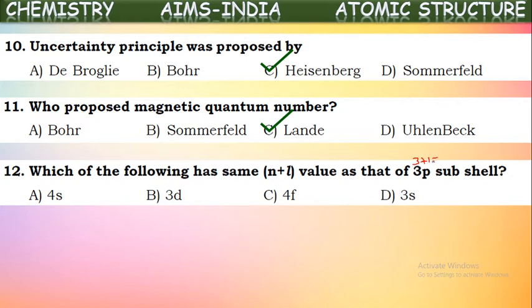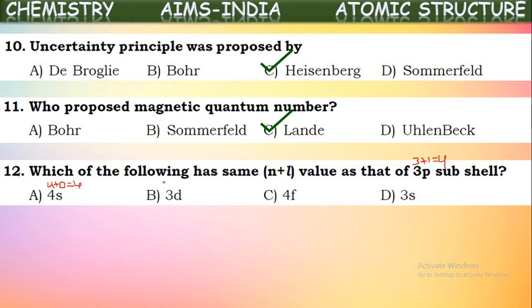So the n plus l value for 3p subshell is 4. The subshell having the same n plus l value, 4, will be the correct answer. Now calculate the n plus l value for 4s subshell. n value is 4 and l value is 0 because it is an s subshell. So the total becomes 4.